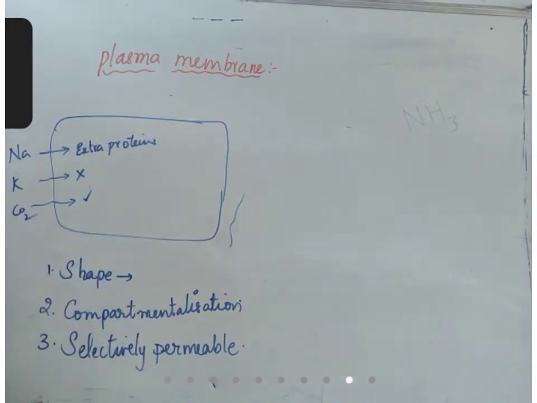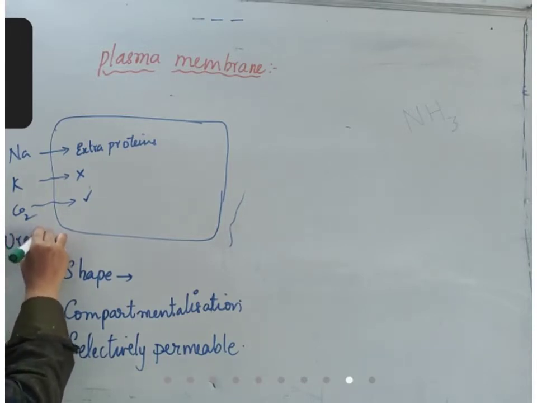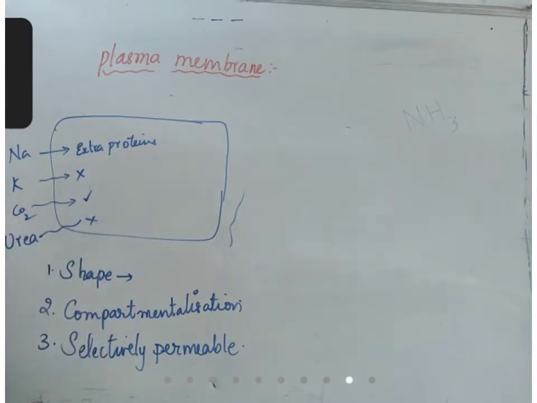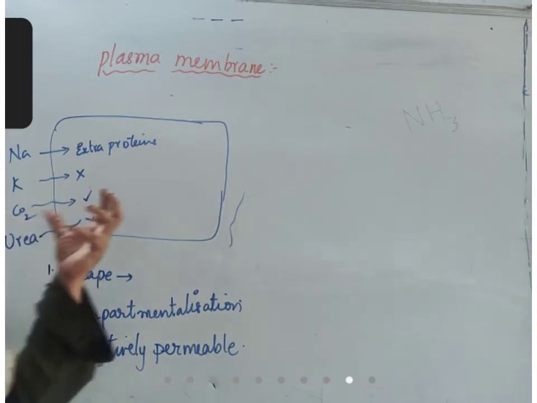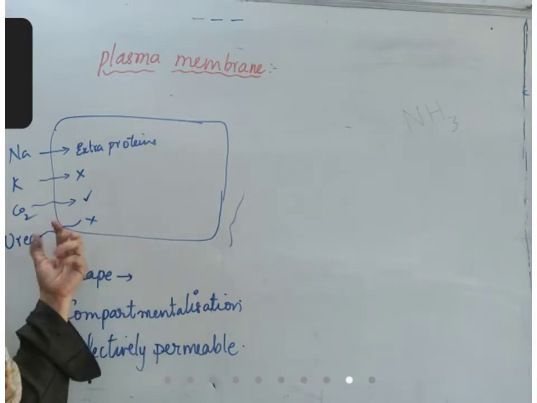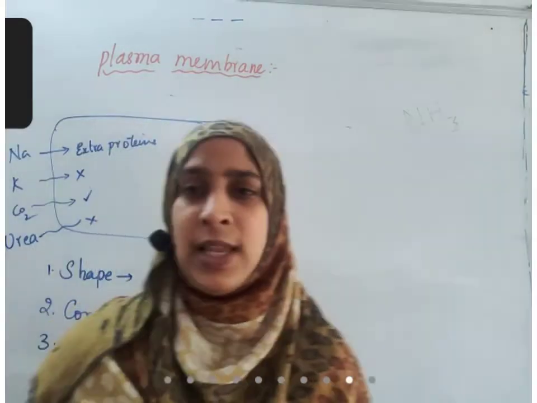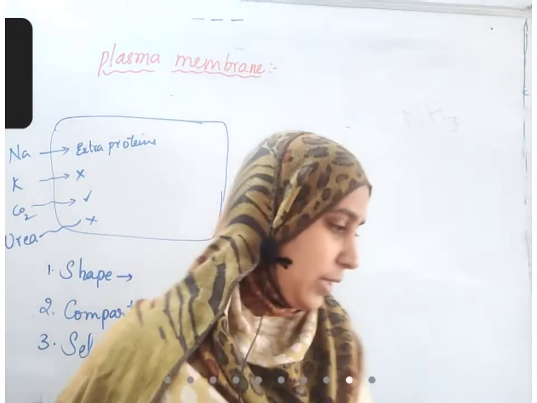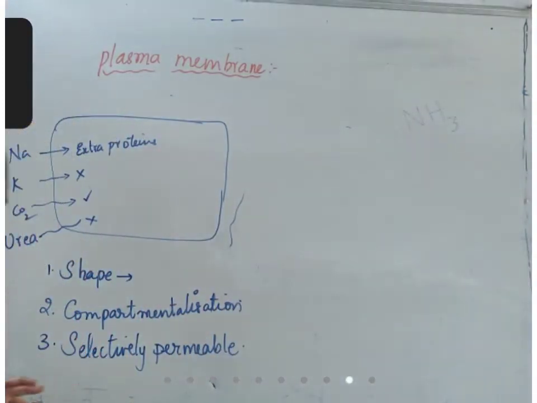Or waste material like urea or ammonia, no entry. Who is deciding this? Plasma membrane is deciding. So it is a selectively permeable membrane. It allows only selected particles to pass inside. Some particles are not allowed to pass according to the need of the cell, right?